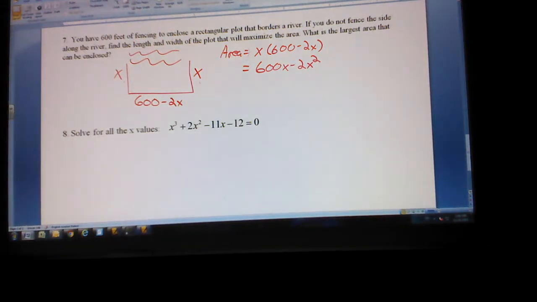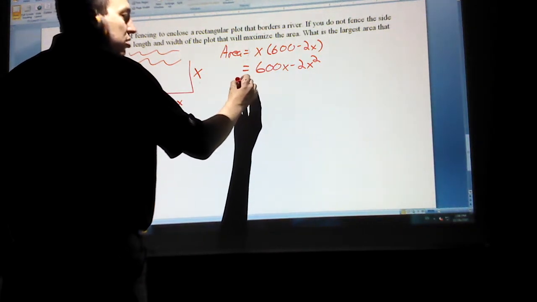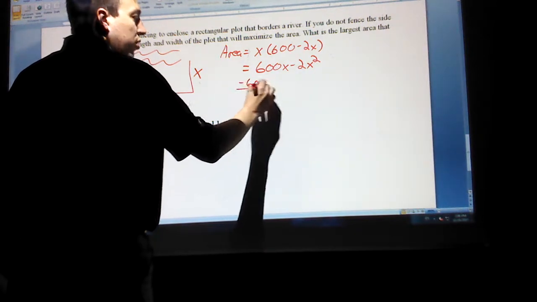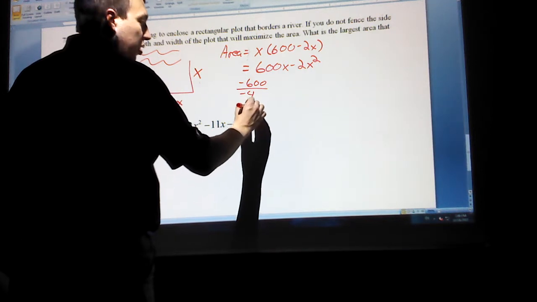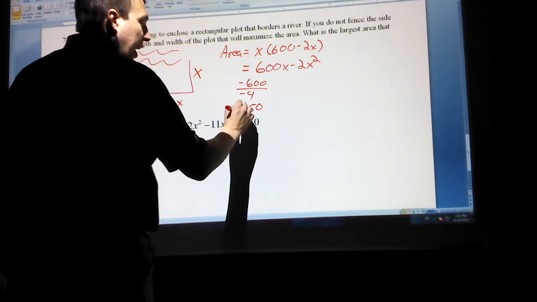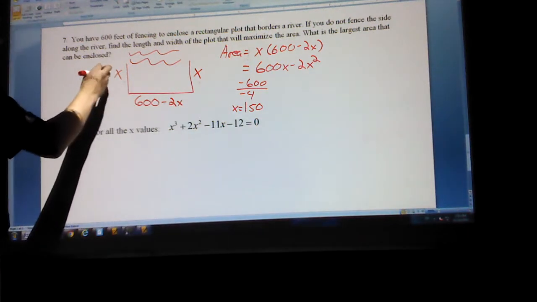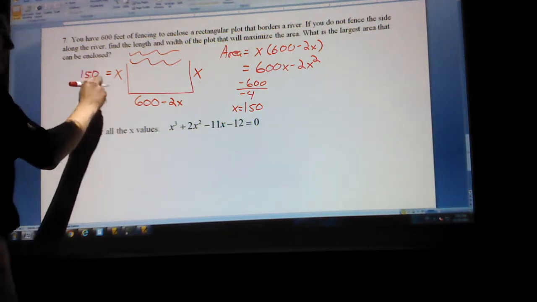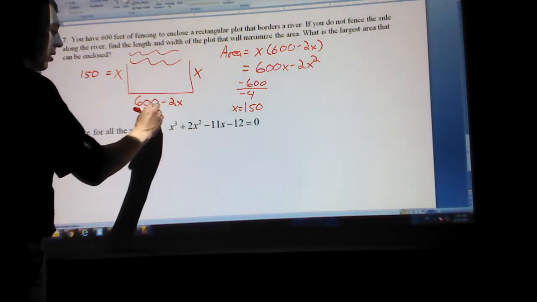How do we maximize a parabola? You find the vertex. So that's negative b over 2a. So it's going to be negative 600 over negative 4, or I believe that that is 150. Okay, the x value equals 150. Then we can find the area. This is 150. This side, if you plug in 150, is 300.